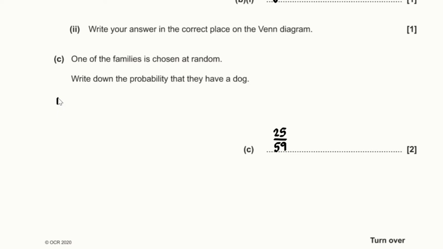So the number who have got a dog is equal to 14 plus 11, which is 25, and therefore the probability that they've got a dog is 25 over 59.